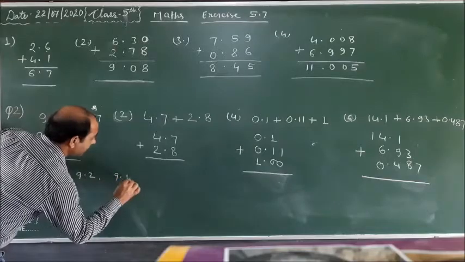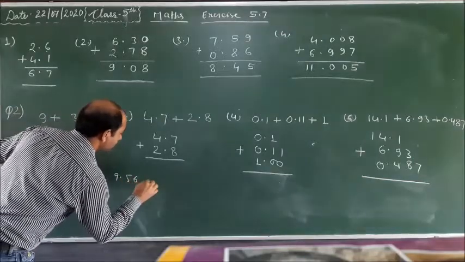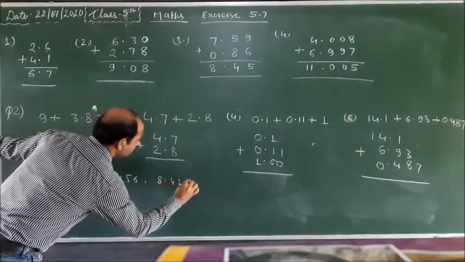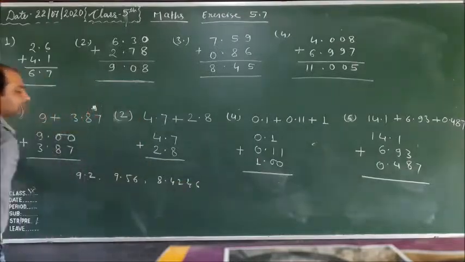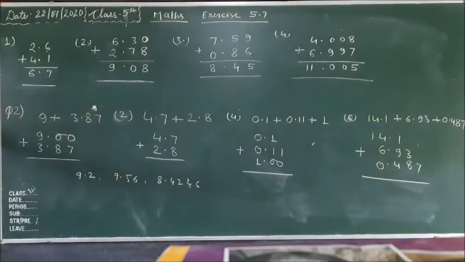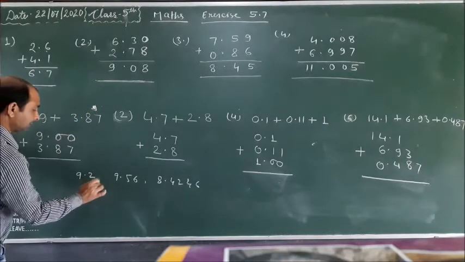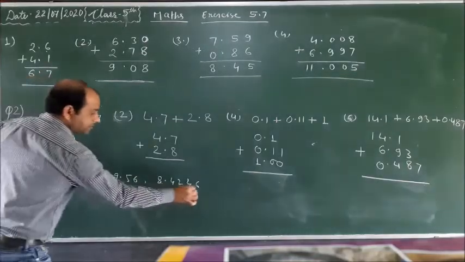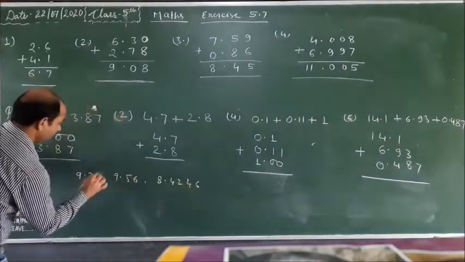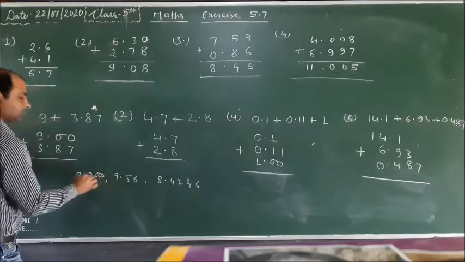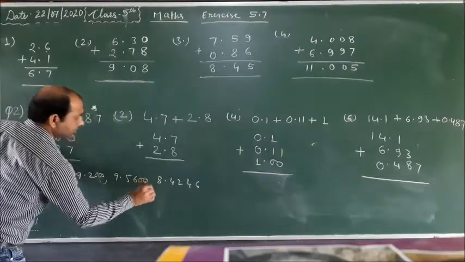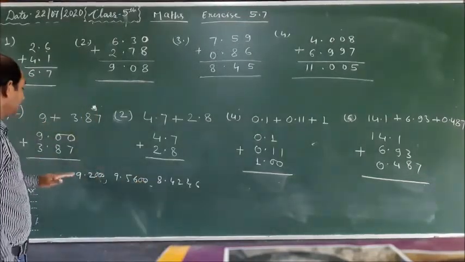So we make the like decimal. How many digits? 1, 2, 3, 4. So we increase here 30. This is a like decimal. Now we have made the like decimal.